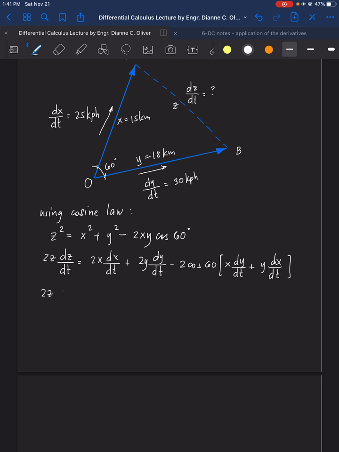So this is 2z dz over dt equal to 2 times the value of x, which is 15, dx over dt is 25, plus 2 times y, which is 18, dy over dt is 30, minus 2 cosine 60 times x, 15, dy over dt, which is 30, plus y, 18.